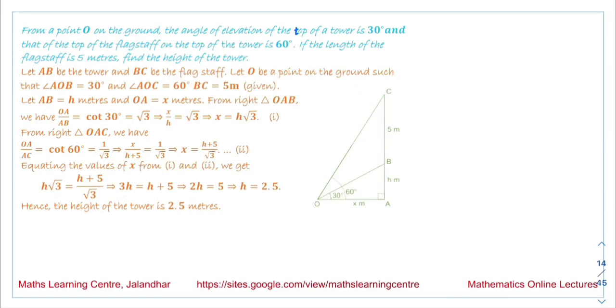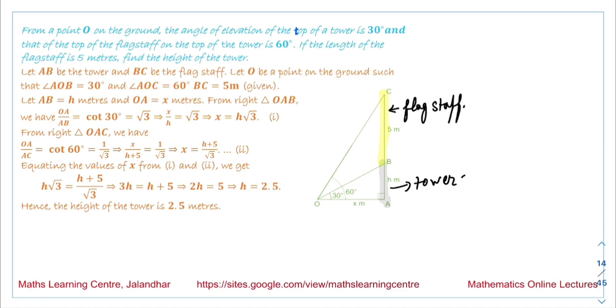Next we have: from a point O on the ground, the angle of elevation of the top of a tower is 30 degrees and that of the top of a flagstaff on the top of that tower is 60 degrees. So suppose this AB is the tower and this BC that lies on it is the flagstaff.